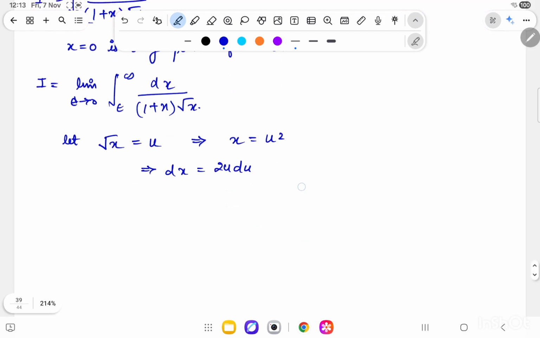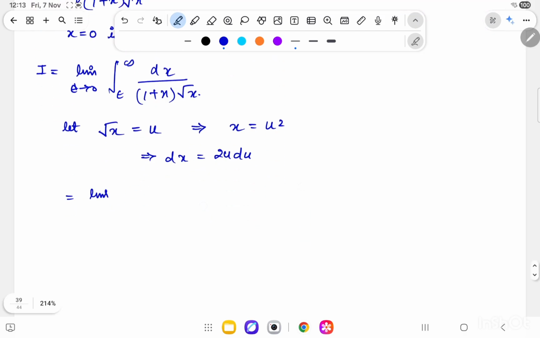So this will be equal to limit epsilon approaches 0 integration from, when x is epsilon, u is square root of epsilon, and when x is infinity, u is infinity. So it is 2u du divided by 1 plus u square, and square root of x is u.